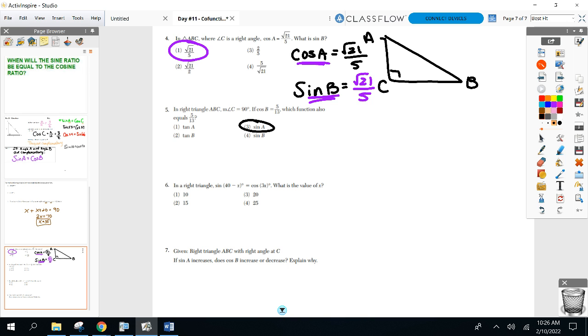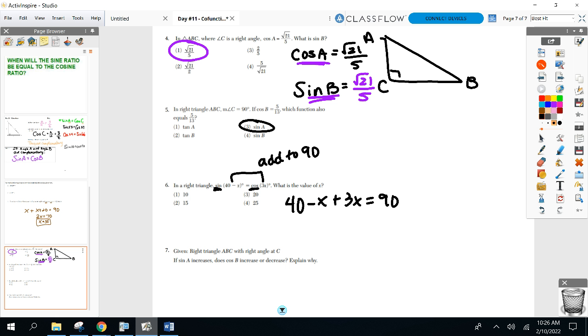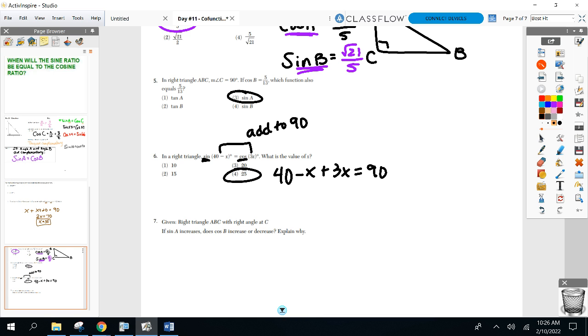I know it's very tempting to set them equal. It's very tempting, but remember, if I'm going to set sine and cosine equal, their angles have to add to 90. Angles are not equal. And then what do we get for the value of x here? 25, yep. And then finally, number 7, little tricky here.